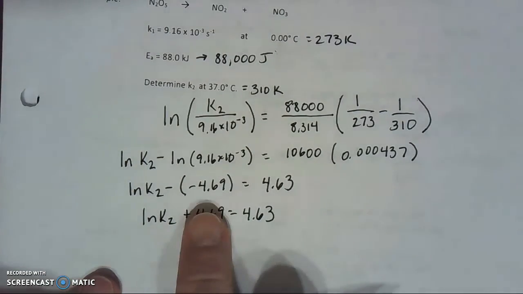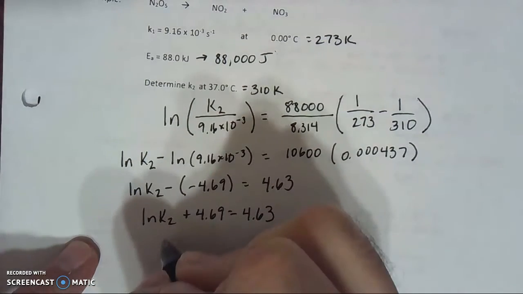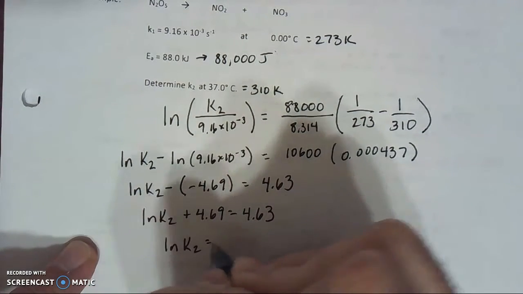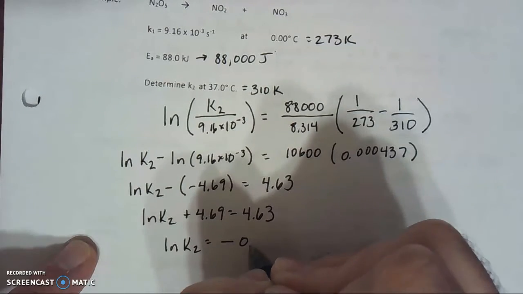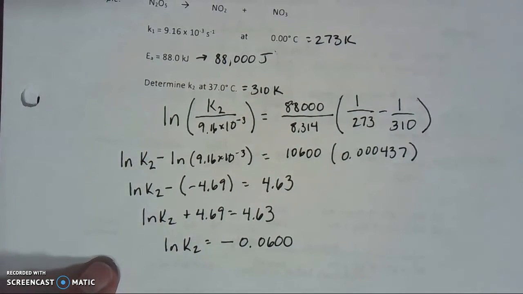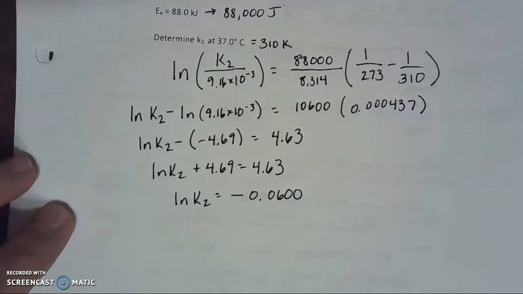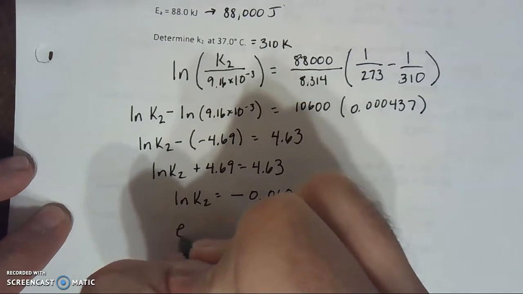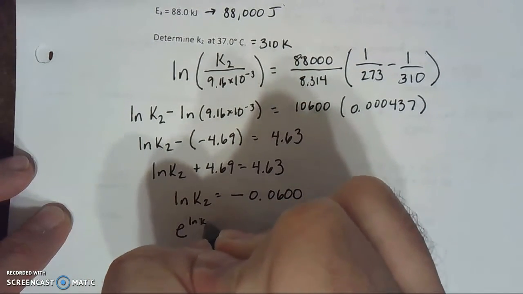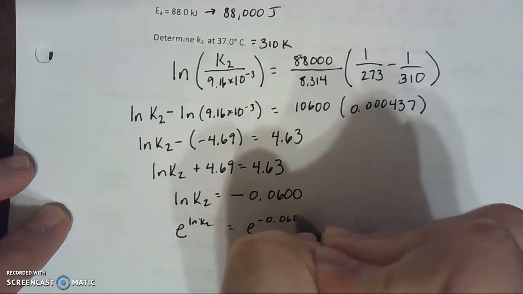And now, all we have to do is subtract 4.69 from both sides. So we get the ln of K2 is equal to negative 0.0600. And then we do the inverse natural log on both sides. So e to the ln of K2 is equal to e to the negative 0.0600.